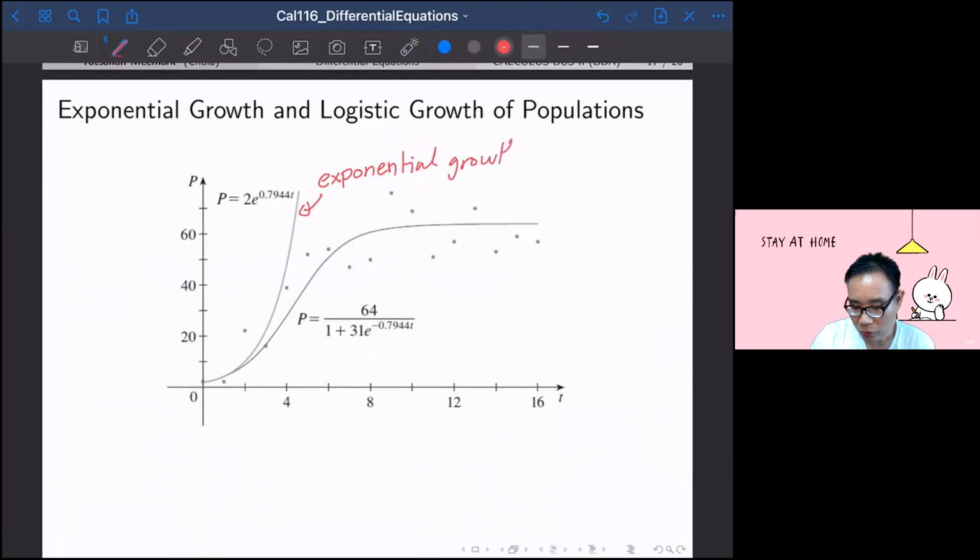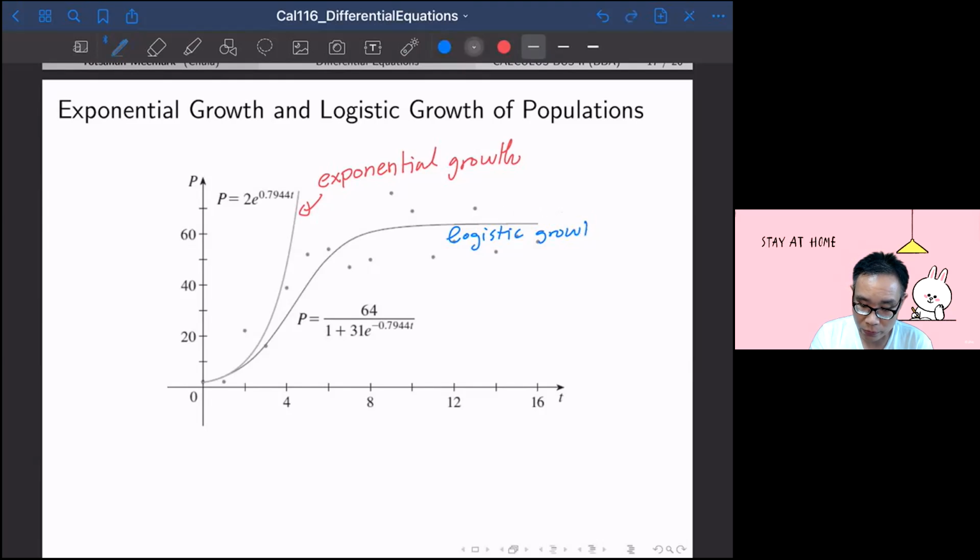The exponential growth gives you the graph of the exponential function, which increases without any upper bound. However, the logistic growth turns out to be, you see that as t goes to infinity, it's going to go to your upper bound.